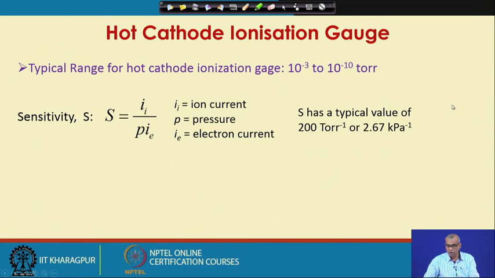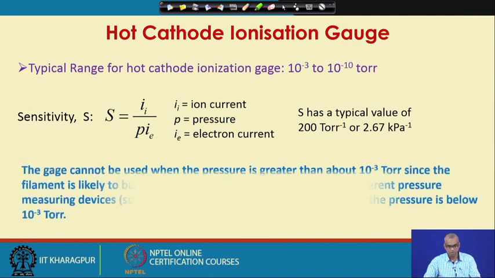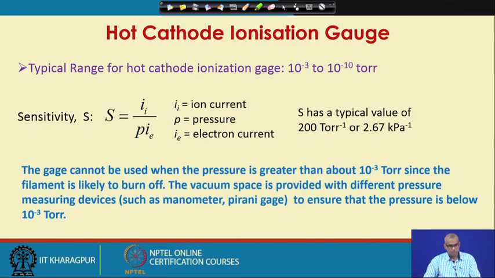The sensitivity for an ionization gauge has a typical value of 200 torr inverse or 2.67 kilopascal inverse. The gauge cannot be used when the pressure is greater than about 10 to the power minus 3 torr, since the filament is likely to burn off.